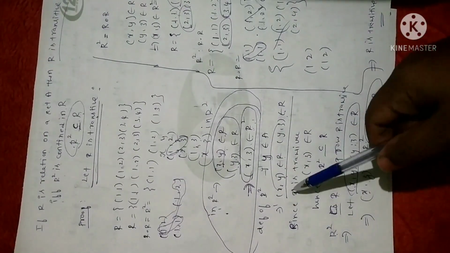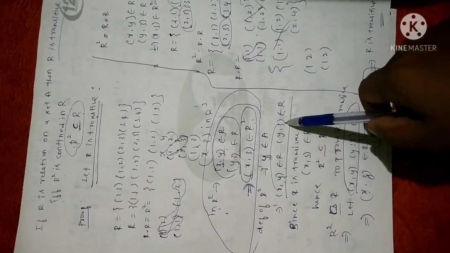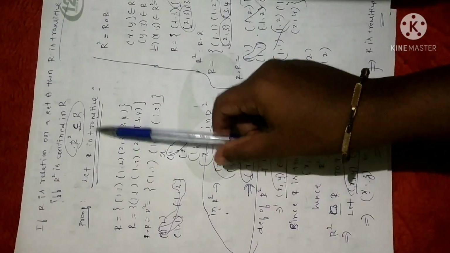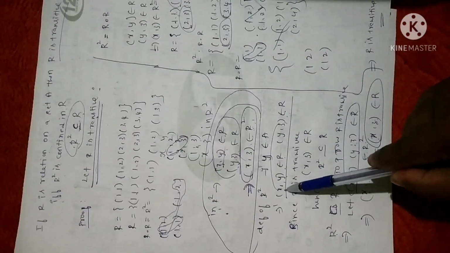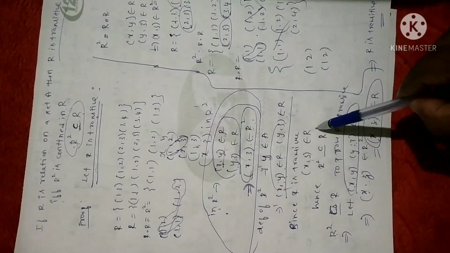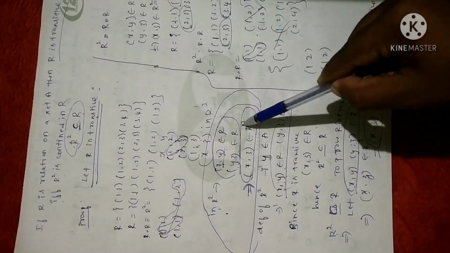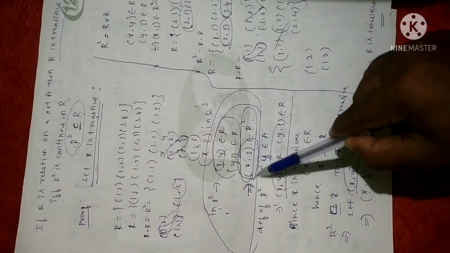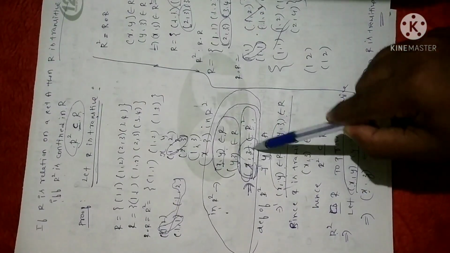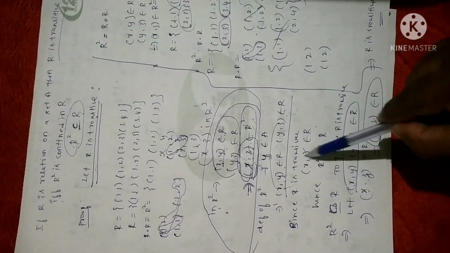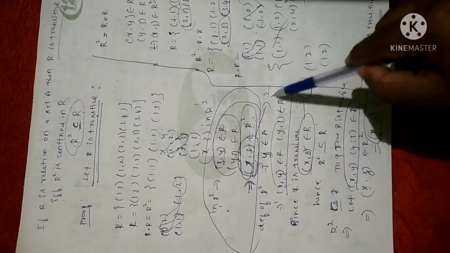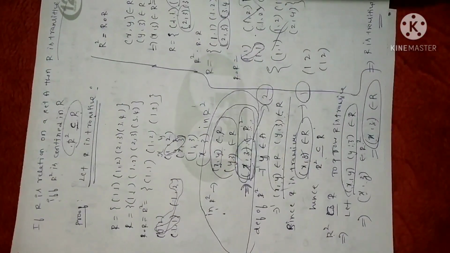Now I have taken two elements (x,y) and (y,z) in a given relation R. I have already assumed that R is transitive, so as per the transitive definition, applying it to these two ordered pairs, I get (x,z) in R. So clearly in R square we have an element (x,z), and in R also we have (x,z). From condition 1 and condition 2, clearly I can say R square is a subset of R.